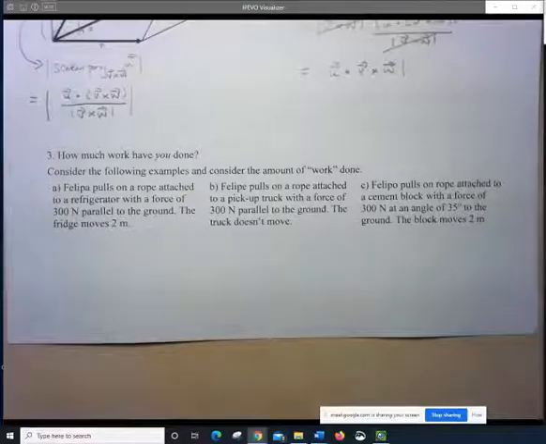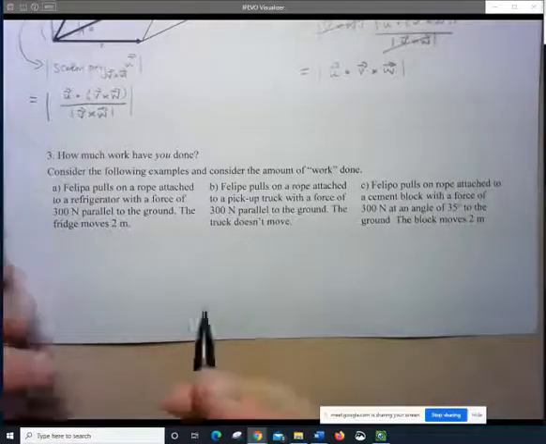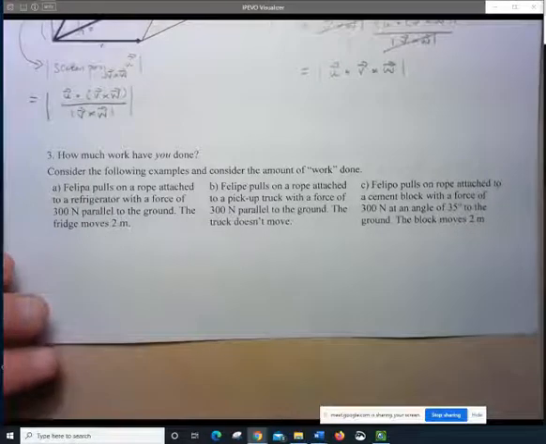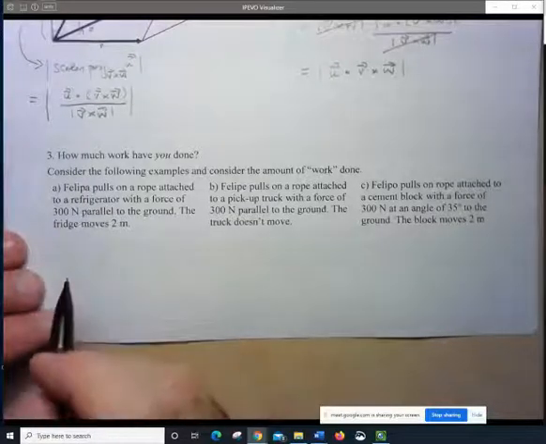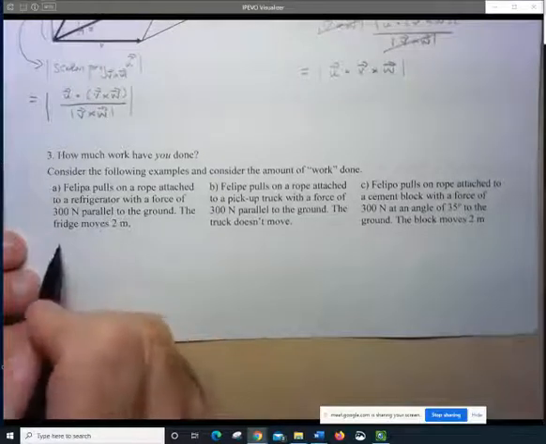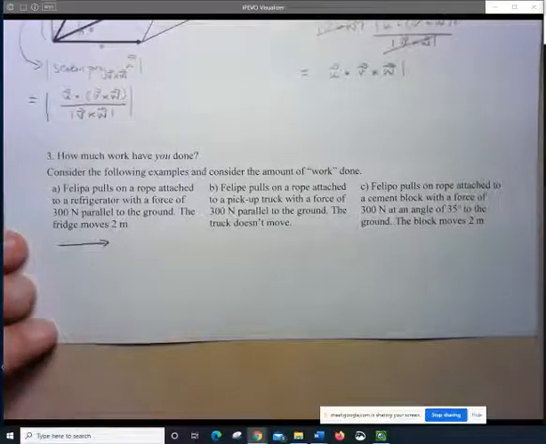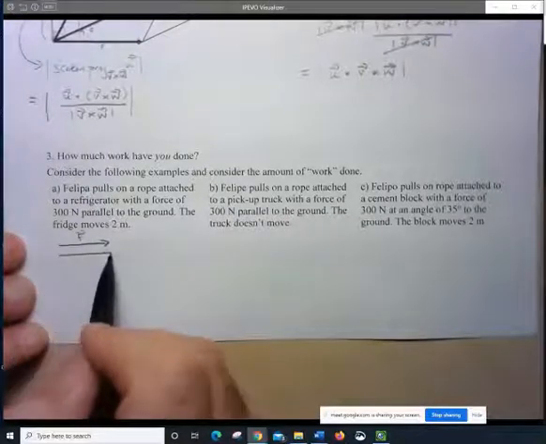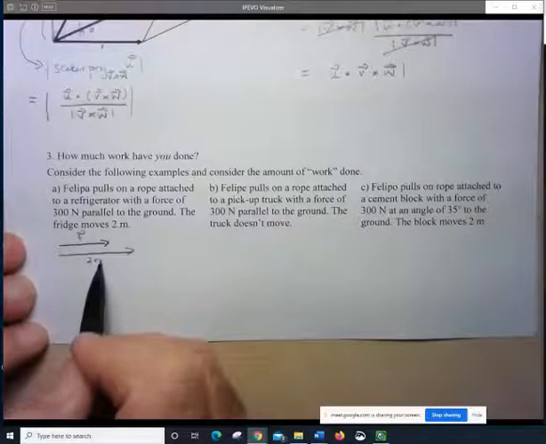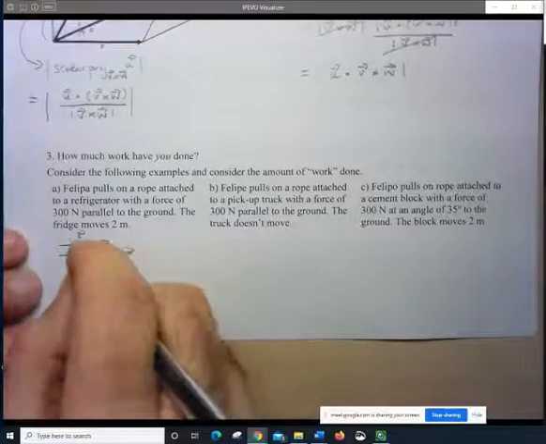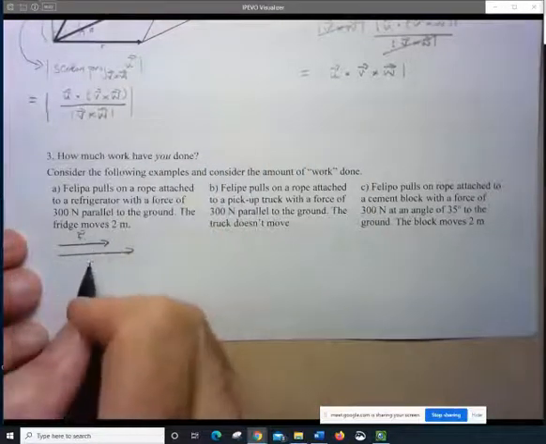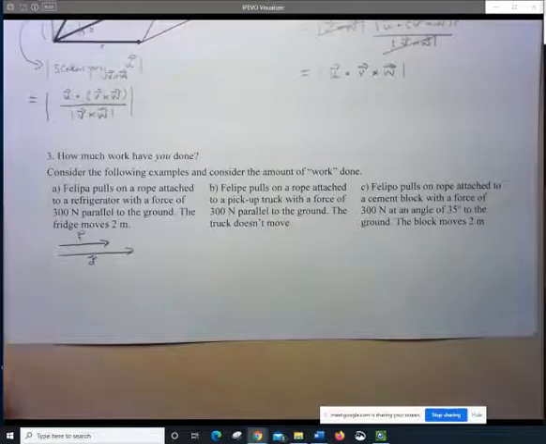Because in terms of the force that's being applied, you're only interested in the portion of the force that's in the direction of motion. Okay, so in this case here, you have the force which is being applied parallel to the ground, and it's being moved by 2 meters. We'll call this the displacement vector.